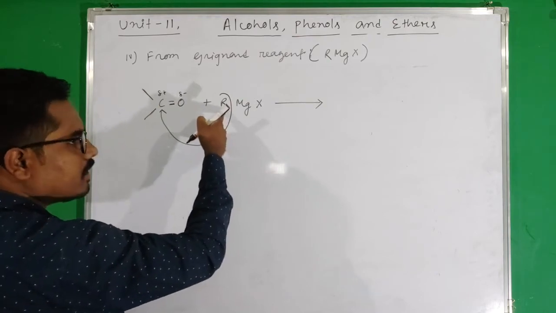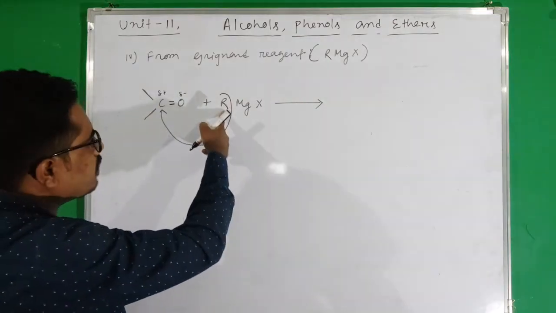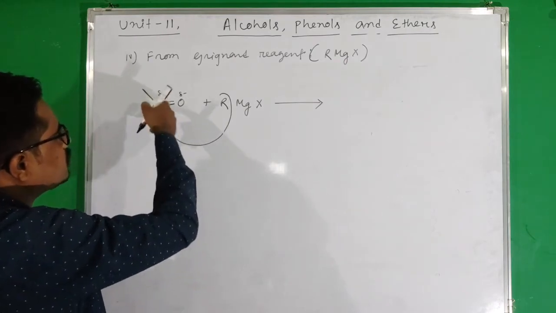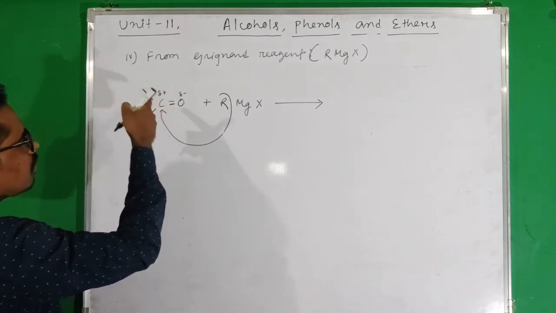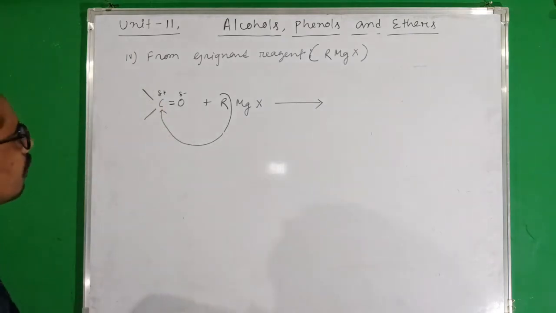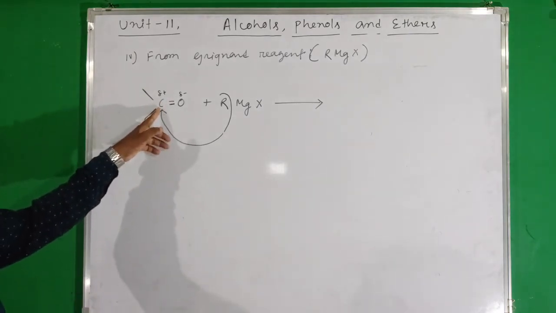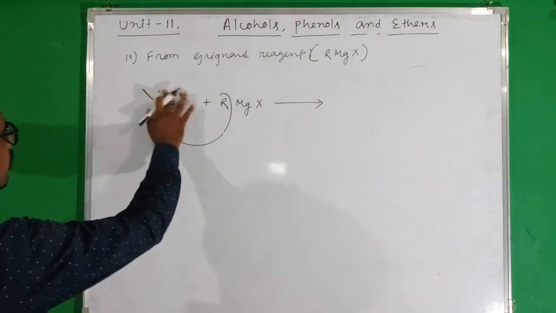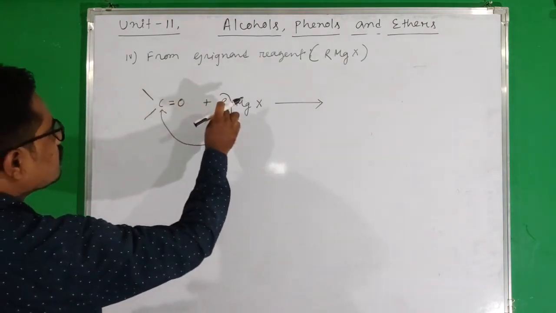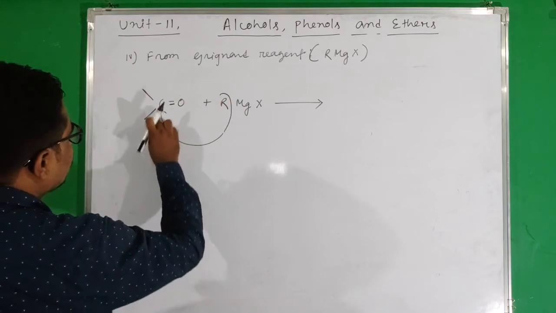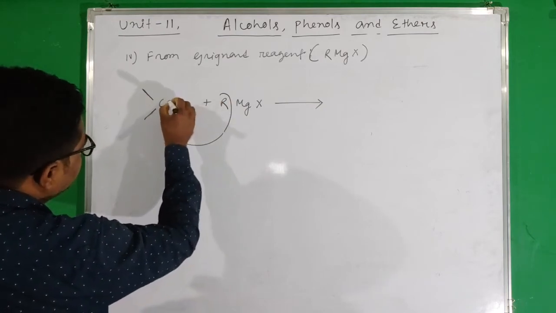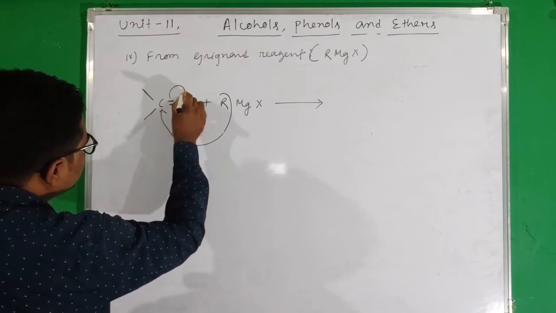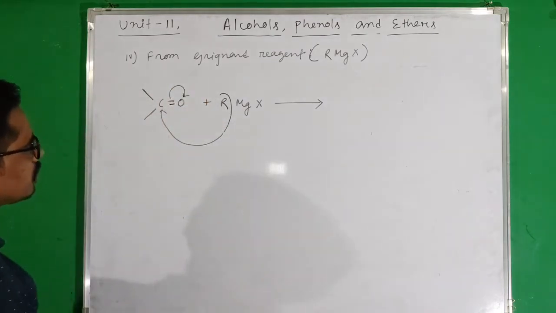That means it has higher electron density, and due to the presence of higher electron density, it will attack the carbon because it has positive charge, and this carbon is known as nucleophilic center. And since this R will attack on the carbon, therefore the electrons from this bond will go to this oxygen atom.